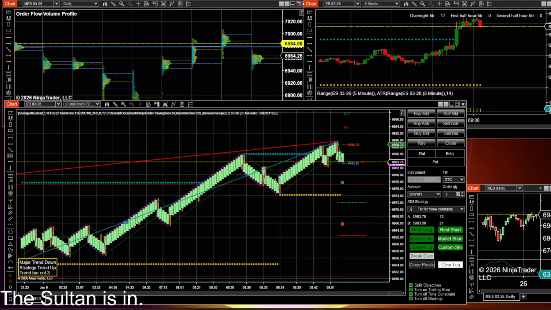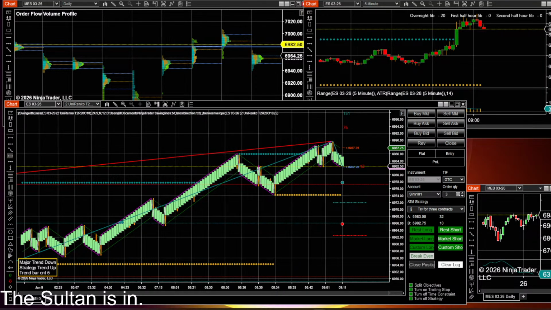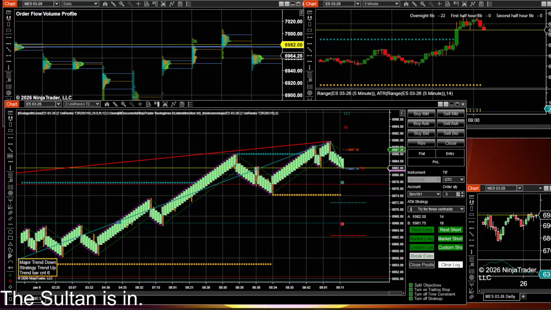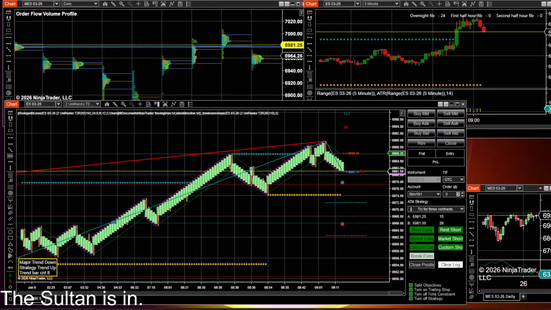I export the data as soon as they happen, and I put them into a spreadsheet where I create statistics based on all the information that is gathered at that time, which happens to be where am I in the major trend, where am I in the strategic trend, and just to see how they perform and who's moving where and when would be the best time to get in, statistically speaking.